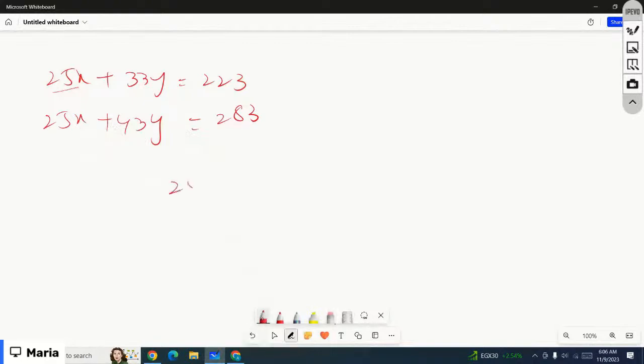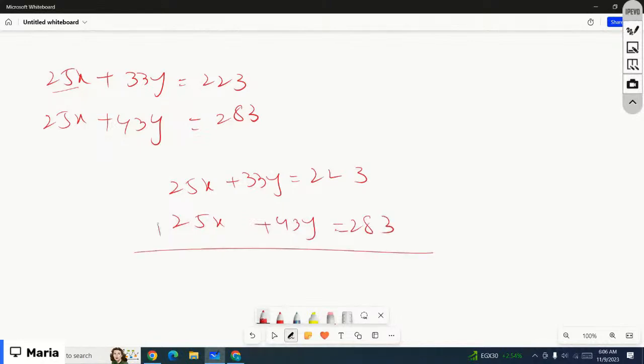Subtract both the equations, because the x variable has exactly the same value in both. This way you will eliminate the variable x, right? So 25x minus 25x is allowed.